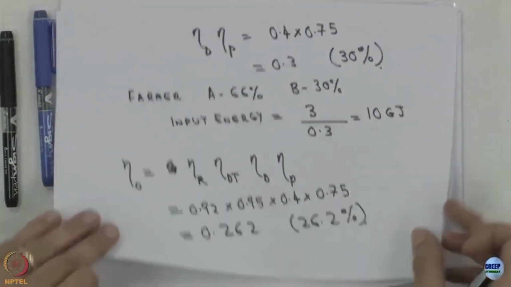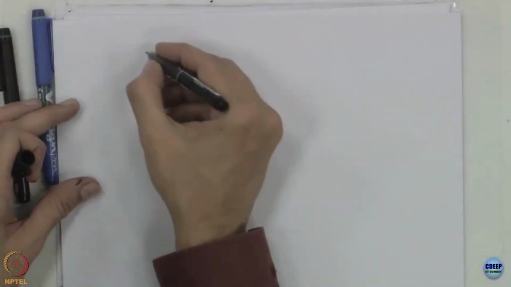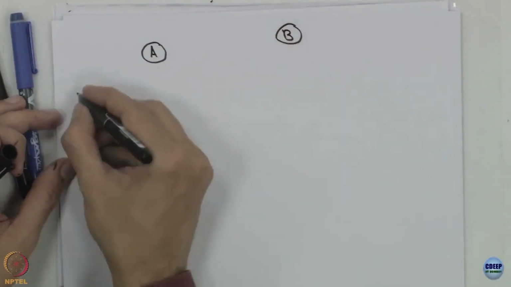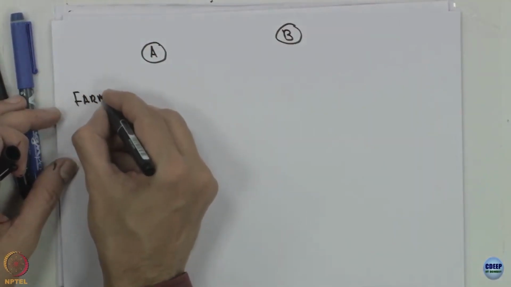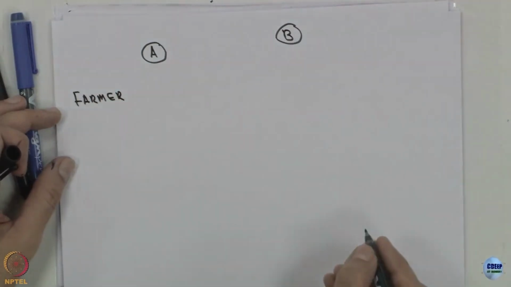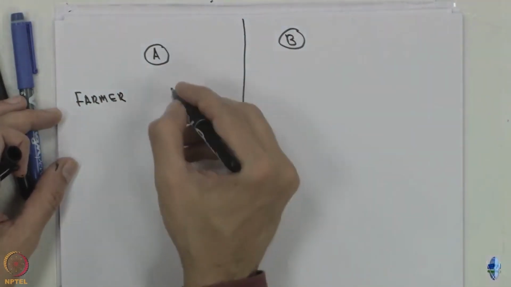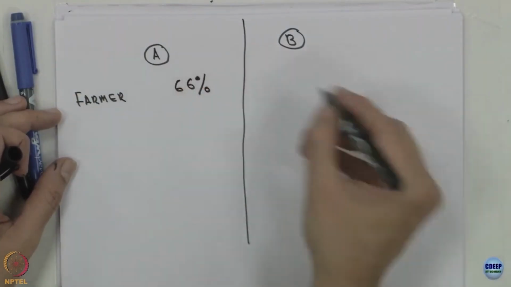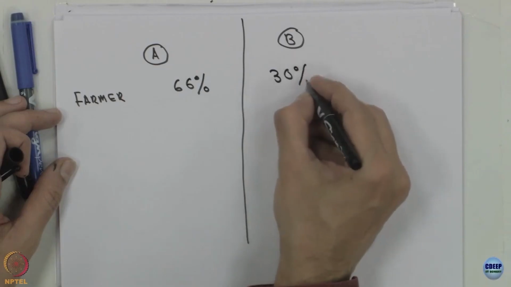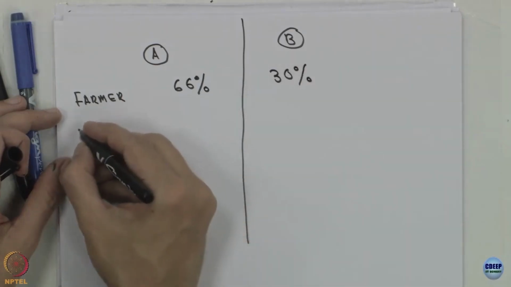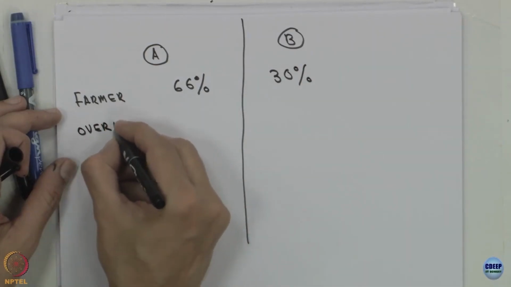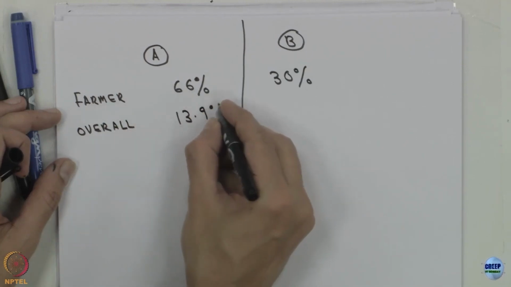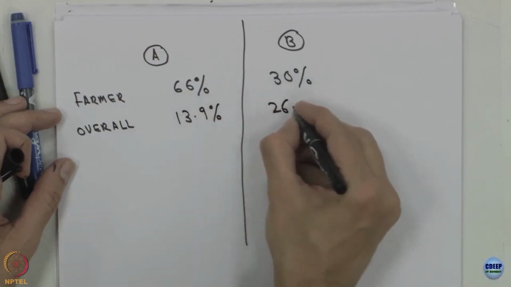So we see case A, case B, at the farmer end, the efficiency for case A was 66%, case B is 30%, and overall this is 13.9%, 26.2%.